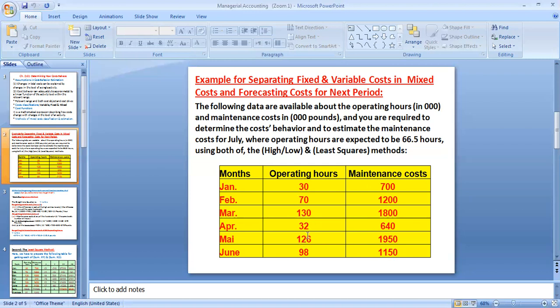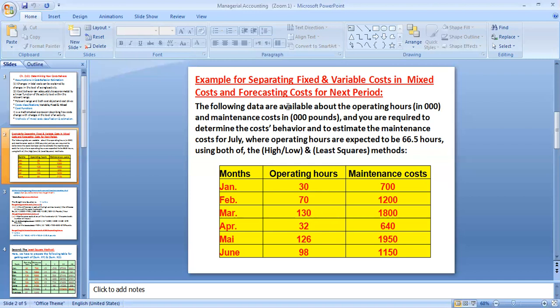These hours, is it logical that in a factory during one month operating hours will be 30? It is not logical. This is a factory, and a big factory. I think it may be 30,000, 70,000, 130,000.